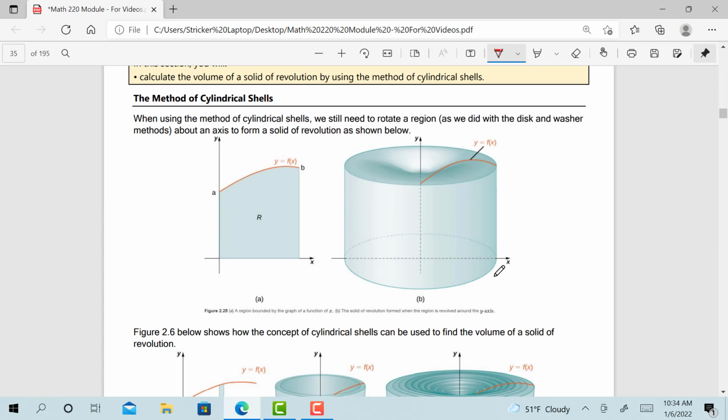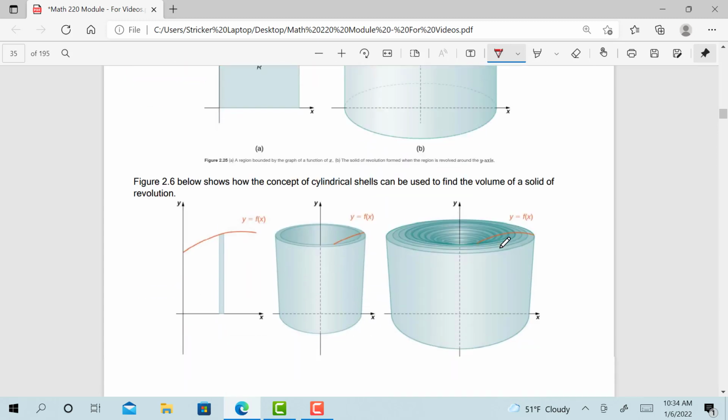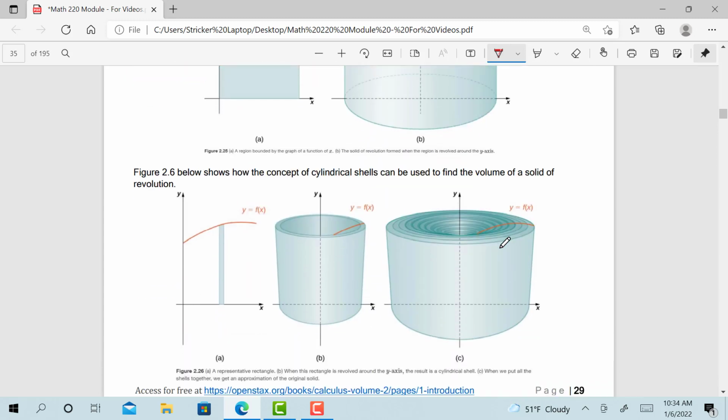All right, so let's take a look at how this method works. Again, as I alluded to earlier, we have a region that we're going to rotate about an axis. In this particular figure 2.25, it's being rotated about the y-axis, which gives us a solid. But instead of taking a horizontal representative rectangle and rotating it about the y-axis as before, now we're going to take a vertical representative rectangle, like we have here in figure 2.26, part A. If you were to rotate that representative rectangle about the y-axis, we would get what we call a cylindrical shell.